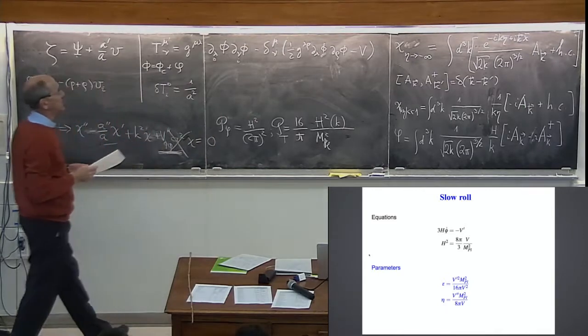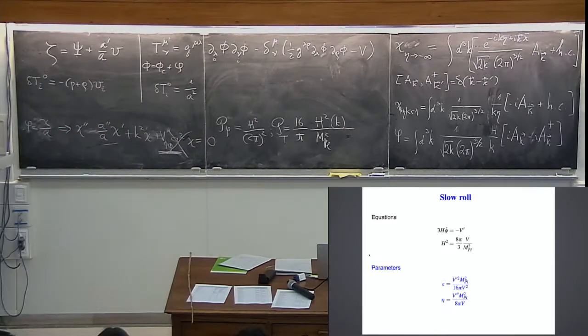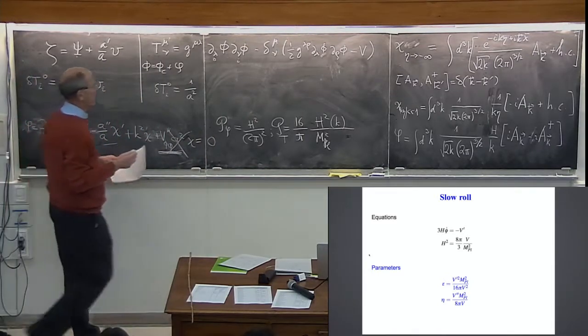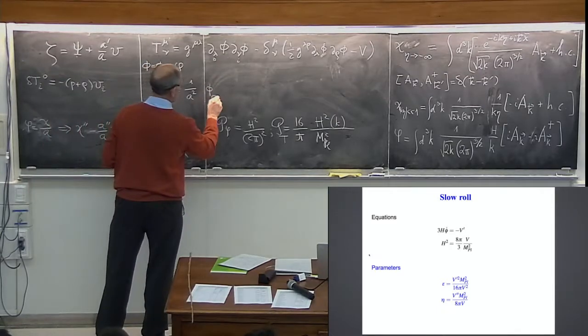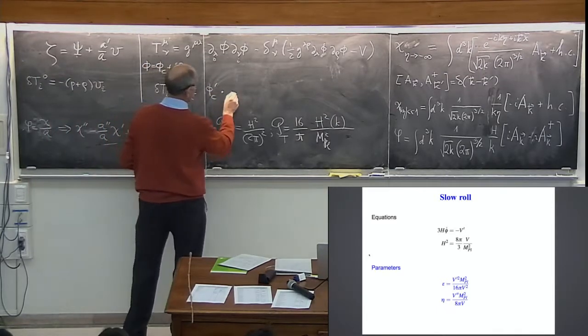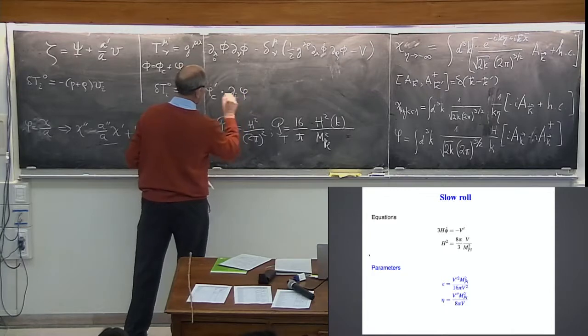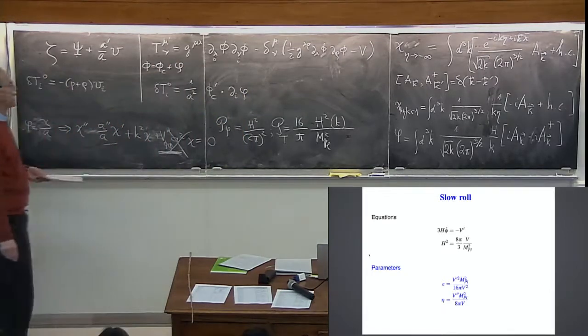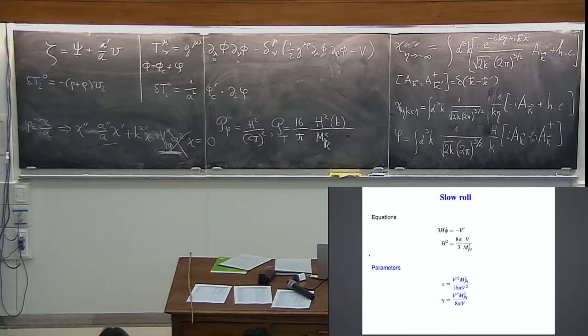And I want to do this calculation to the leading order in perturbations. So I have phi c prime times d_i phi. Okay? Where prime denotes the derivative with respect to conformal time. Okay? Very good.